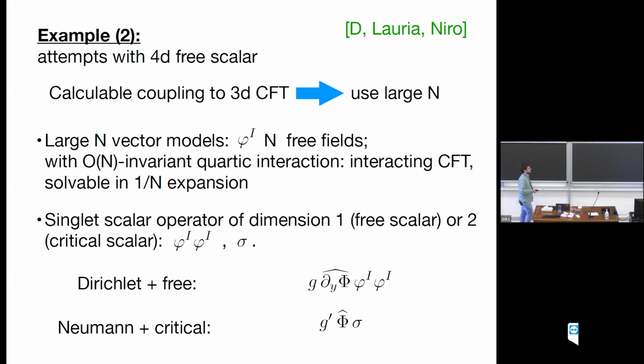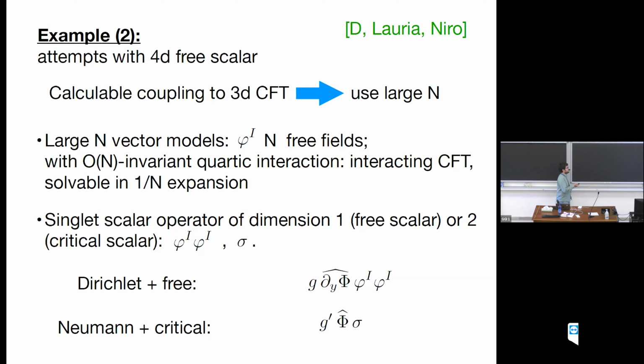So we find that we are very lucky, because we can build these two marginal interactions: between the normal derivative of the bulk field and the free bilinear, or we can start with the Neumann boundary condition and couple it to the critical O(N) model. We have these two marginal interactions, g and g prime. And our hope was, let's turn on these couplings, and perhaps we will have the flow under control, and we will flow to some interesting boundary conformal field theory.